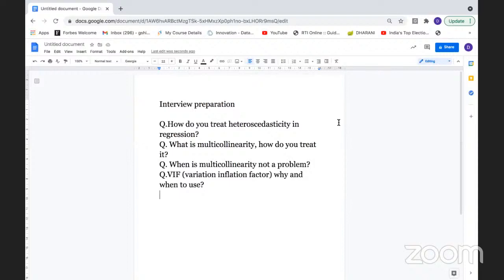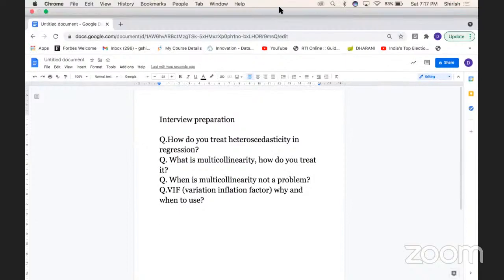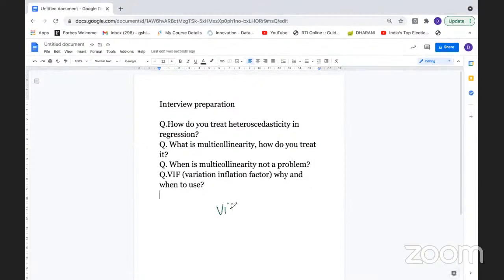So how do you calculate VIF? VIF is calculated using your R square: 1 by 1 minus R square. If I say R square is calculated for the jth variable, 1 by 1 minus R square of the jth variable, what do you call this?